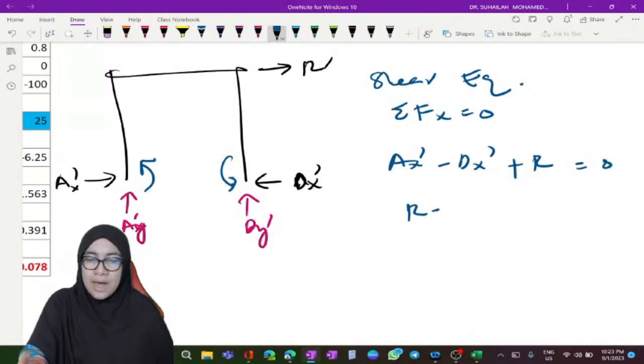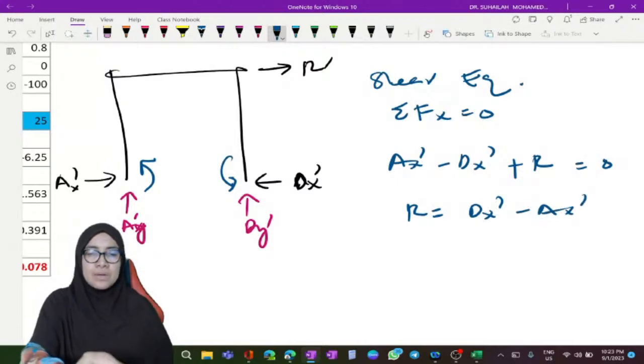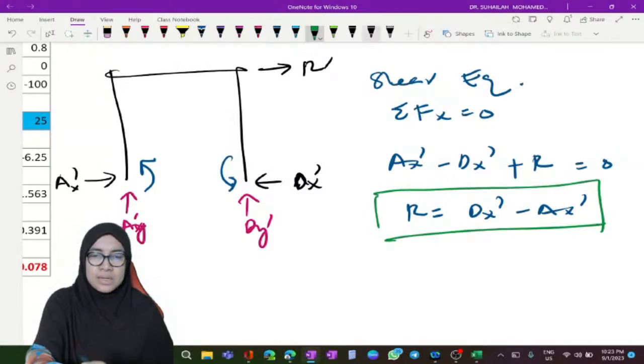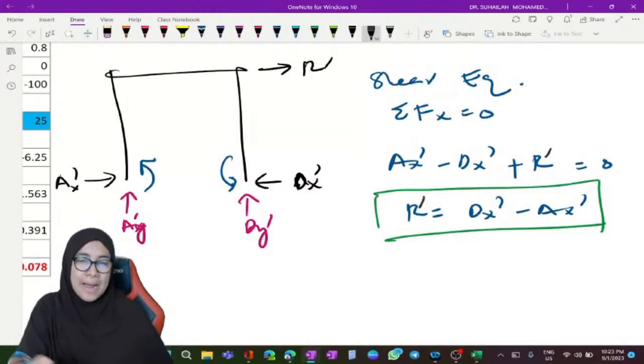So we get R is equal to DX prime minus AX prime. This is not R, this is R prime. This is the formula to get R prime value.